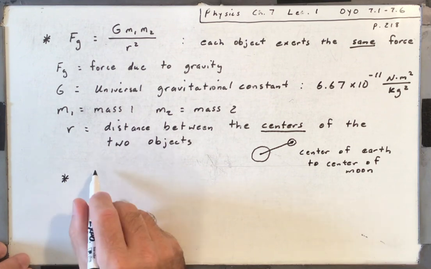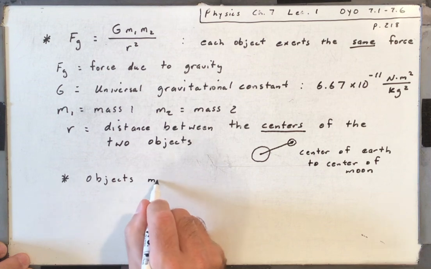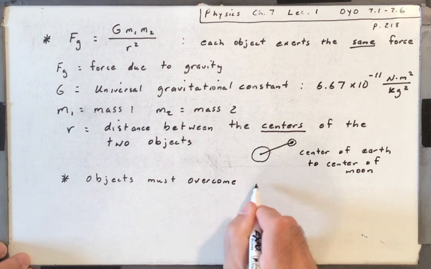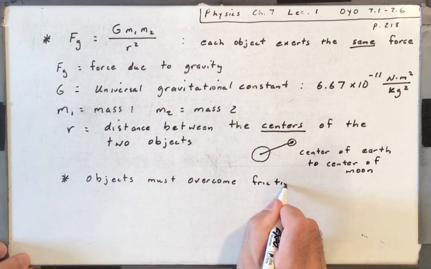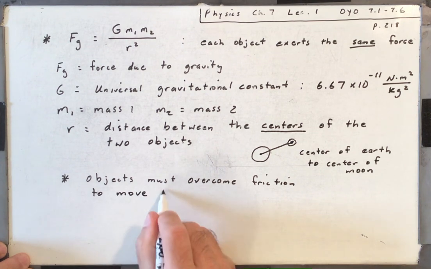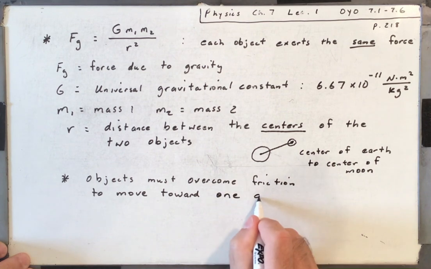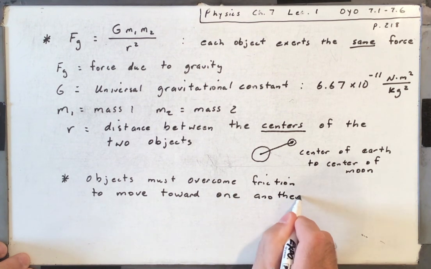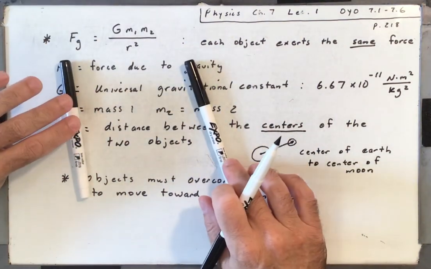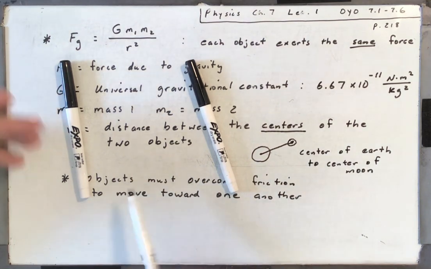All right. Another thing is that this might help you on one of the review questions. Write this at the very bottom. Objects must overcome friction to move toward one another. So if you've got a couple of objects on a table or on a whiteboard, I've got these two, they both have mass. Why aren't they moving towards each other?